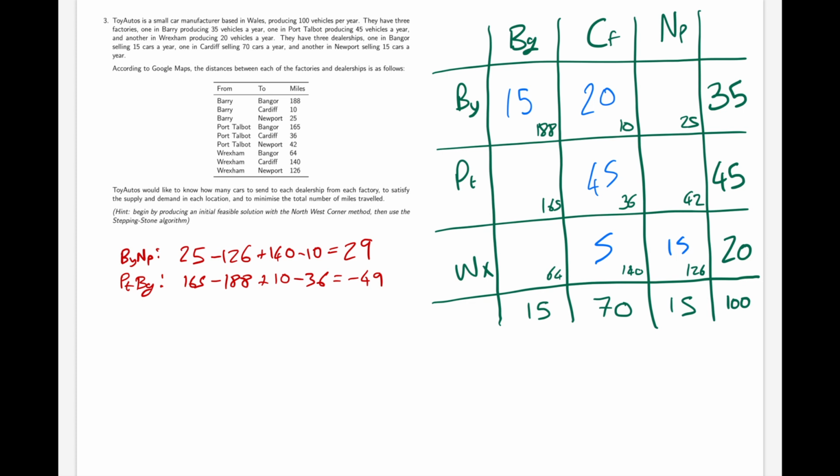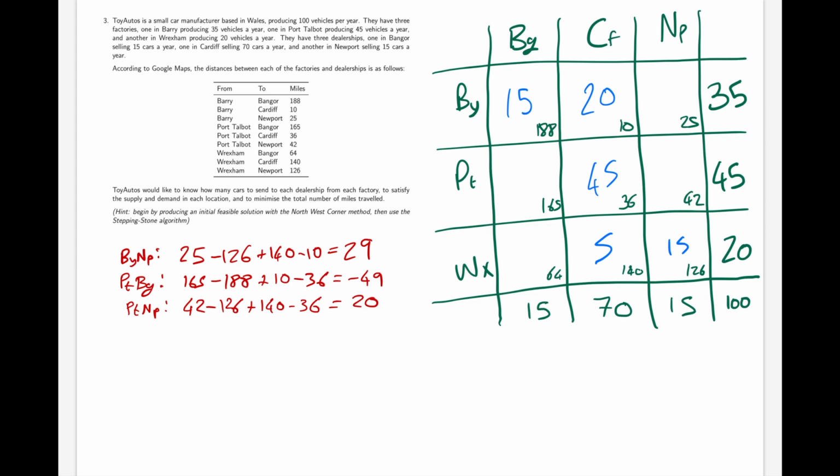Let's check all the other non-basic variables. Let's consider the Port Talbot-Newport route. That's here. And our loop would be this. So that would be increasing Port Talbot-Newport, decreasing Wrexham-Newport, increasing Cardiff-Wrexham, and decreasing Port Talbot-Cardiff at a net cost of 20. So that would worsen our solution.